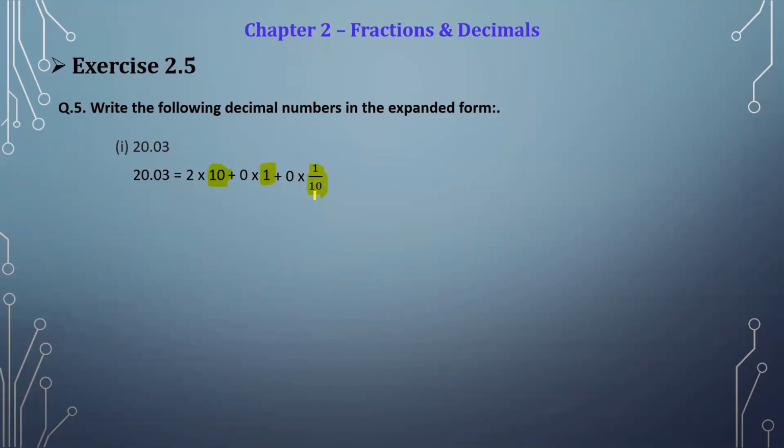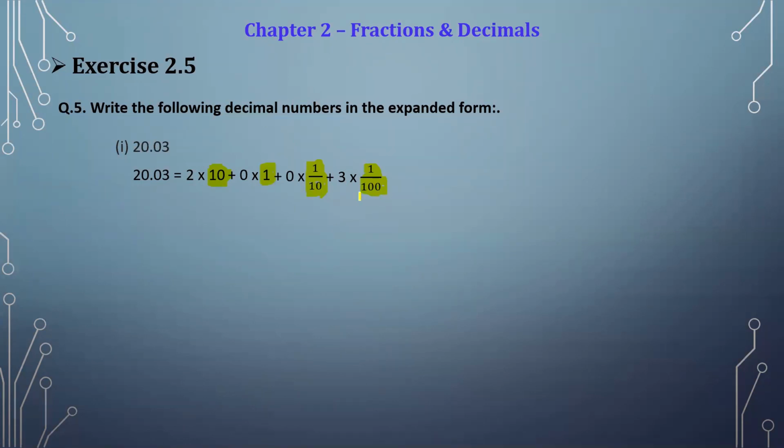Tenth means 1 upon 10, so we multiply it by 1 upon 10. Then the next number is again added, which is 3. The position of 3 is hundredth place. So hundredth means 1 upon 100, and therefore we multiply it by 1 upon 100.